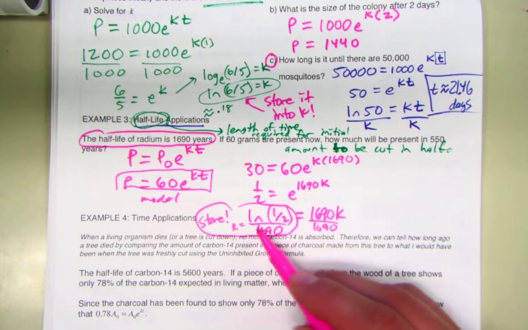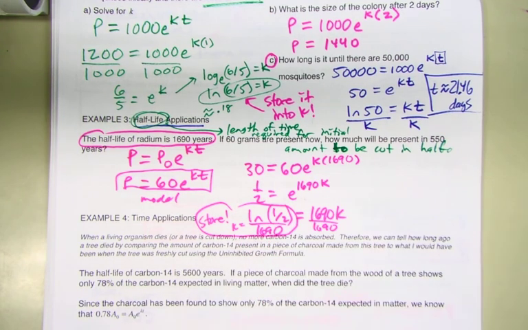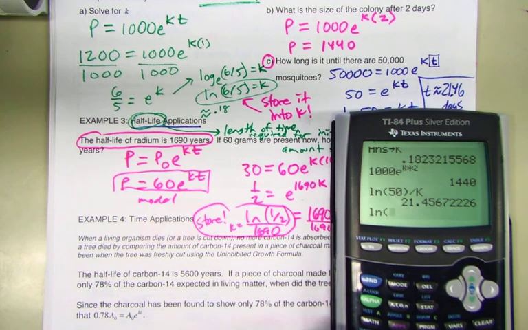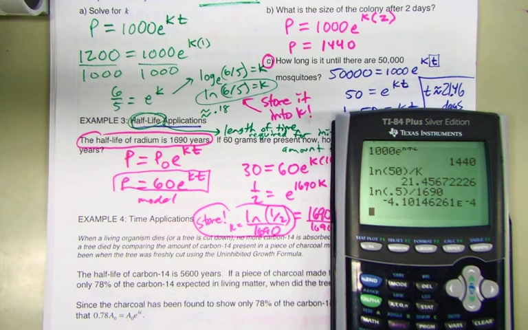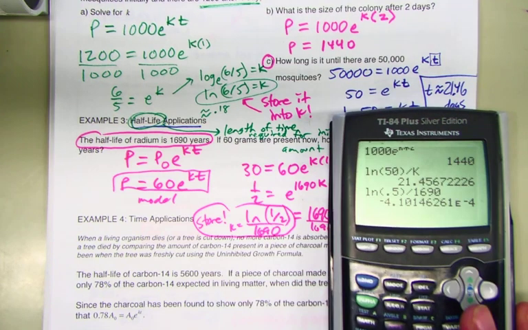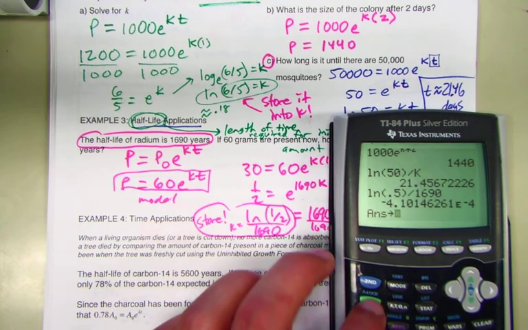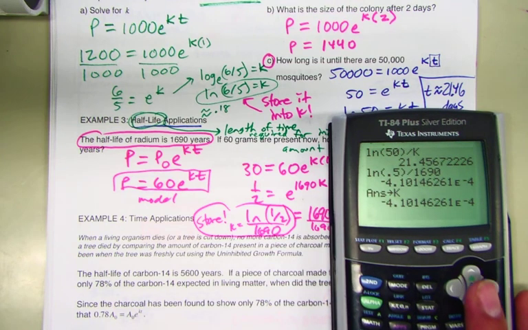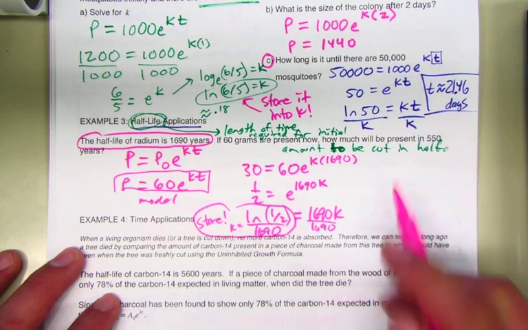There it is. Okay, and now we can answer the question they ultimately want us to figure out, which is how much is present 550 years later. So now what's my equation that I have to solve? Well, what is P? Oh, that's what we're finding. Sorry.